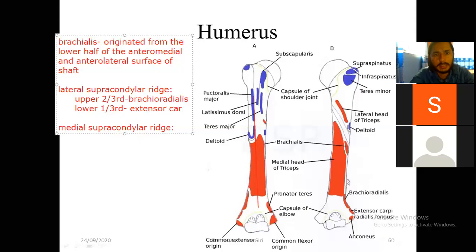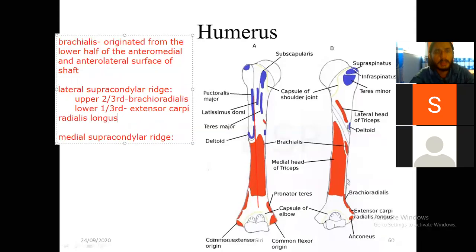Extensor carpi radialis longus. Can you see this muscle? This muscle is the brachioradialis, from the upper 2/3 of the lateral supracondylar ridge. In the lower 1/3 there is one more muscle, the extensor carpi radialis longus.